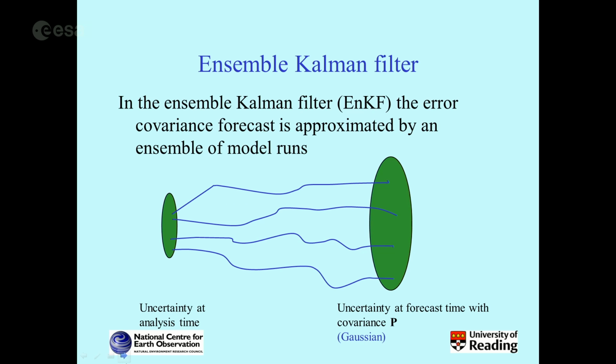And that's the way the Ensemble Kalman filter works. So the error covariance is approximated by an ensemble of model runs. So we have our analysis ensemble here. We have various analyses. We run those forward to get a forecast. And then the sample covariance of these forecasts essentially approximates our forecast error covariance matrix.